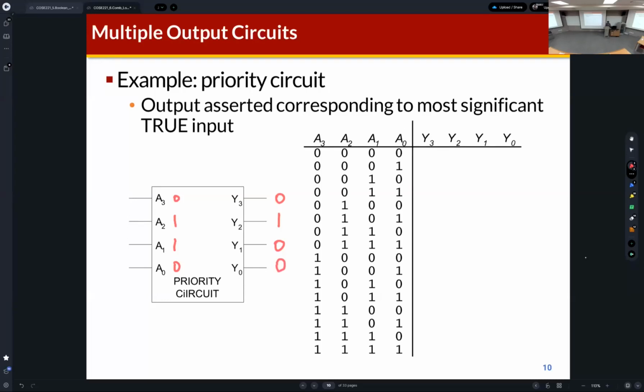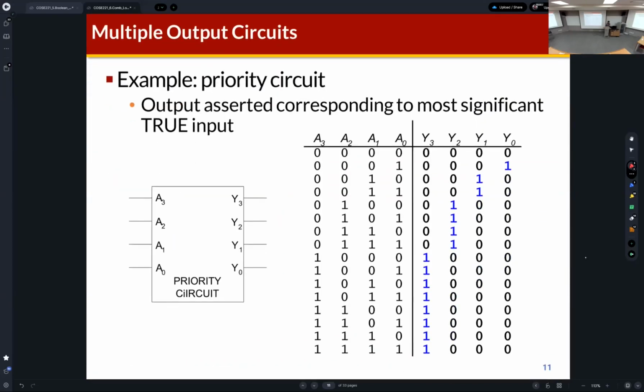So this is the truth table. Because there are 4 inputs in this circuit, there are all possible 16 cases, right? And then what are the outputs? We can define the outputs like this. There are 4 outputs.